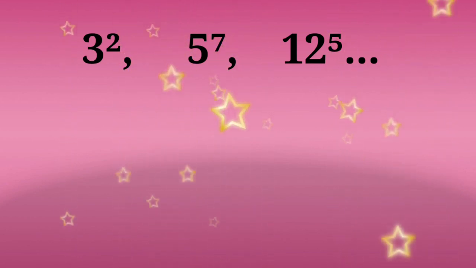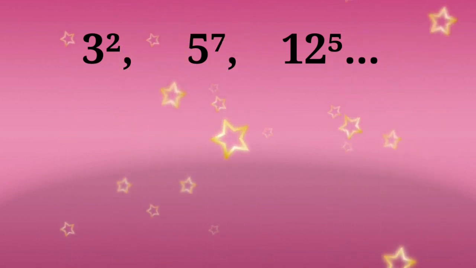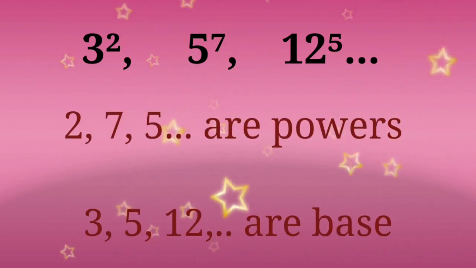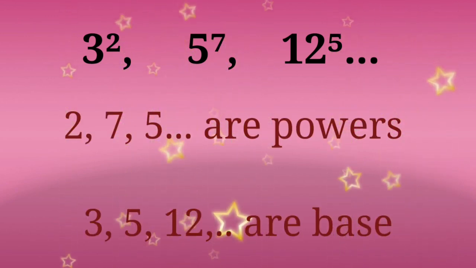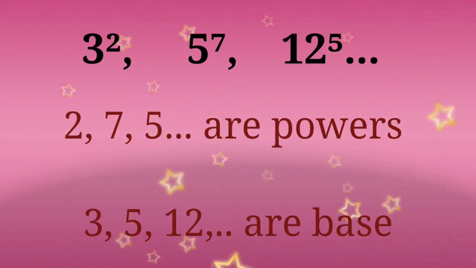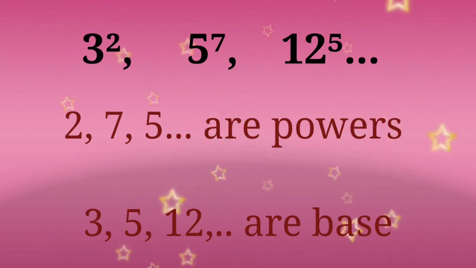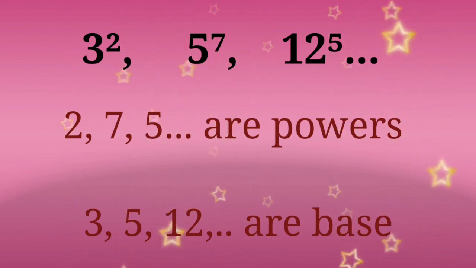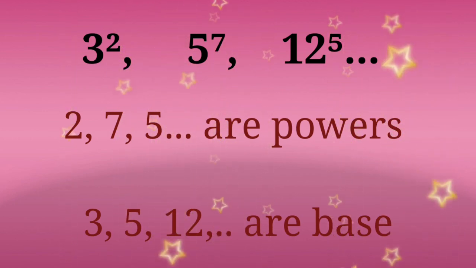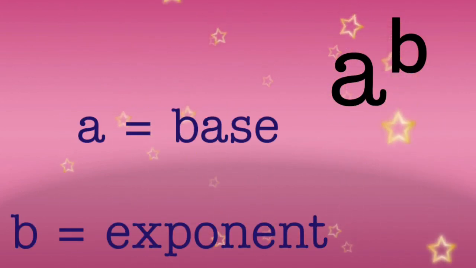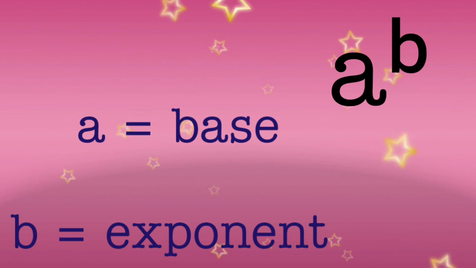Power of 3 is 2, power of 5 is 7, power of 12 is 5. In all these numbers, these powers are called exponents. And the numbers 3, 5, 12 are called base.